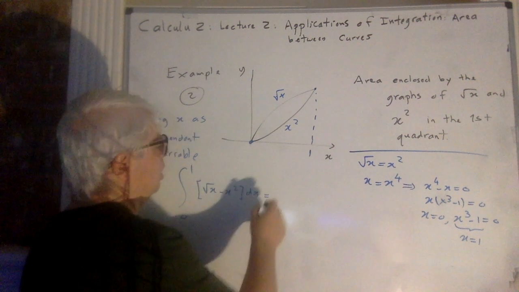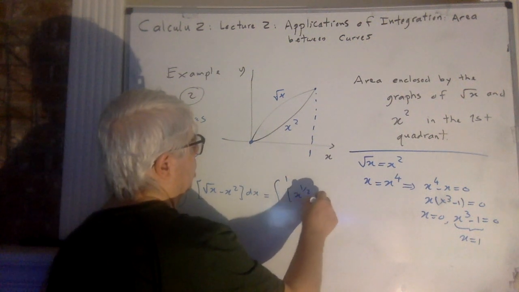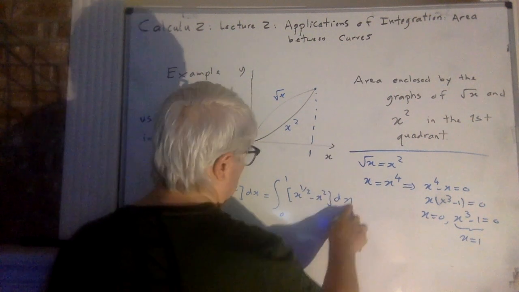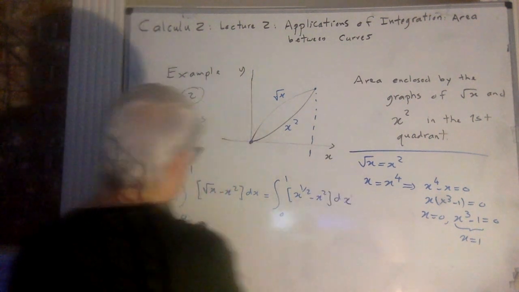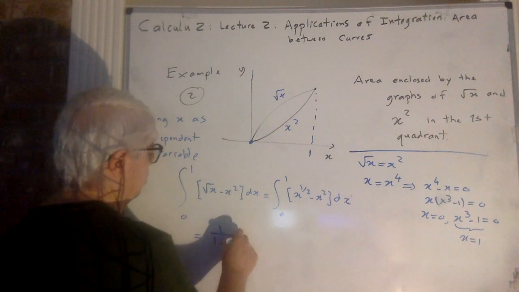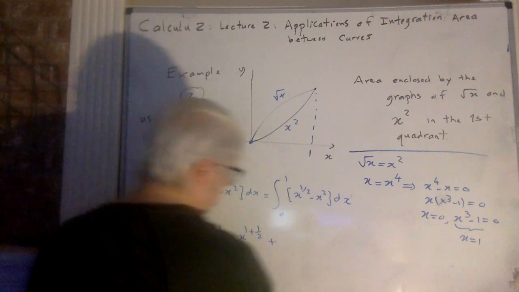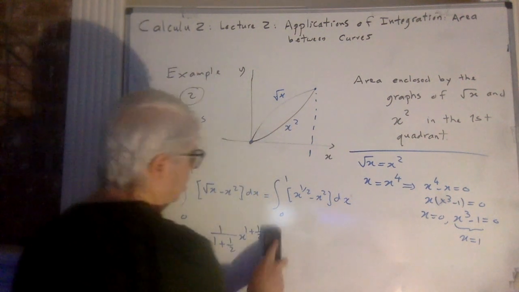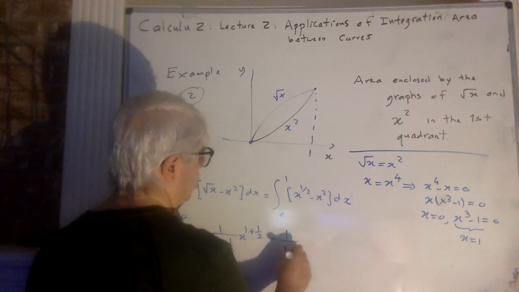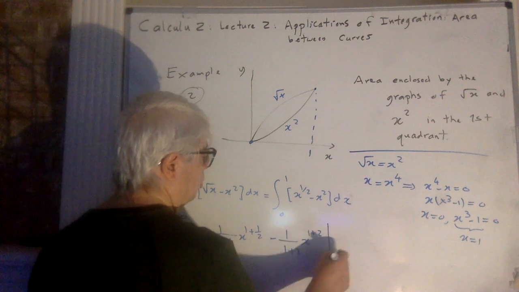That is in fact the integral from 0 to 1 of x to the power 1/2 minus x squared dx. And so that is 1 over (1 plus 1/2) x^(1+1/2) minus 1 over (1 plus 2) x^(1+2), from 0 to 1.